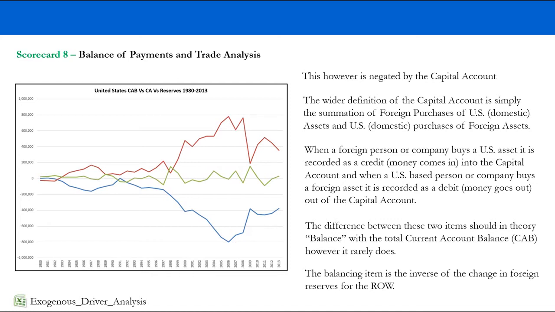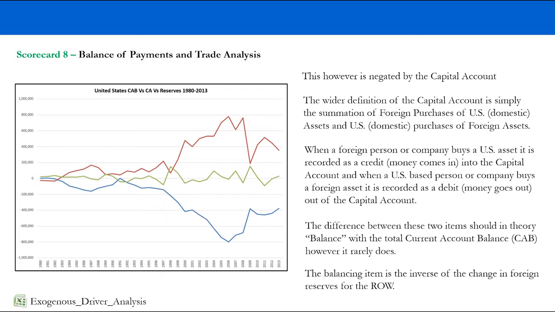So basically when a foreign person or company buys a US asset in the United States, they pay for it in dollars. It is recorded as a credit. Money is coming into the United States and into the capital account. And when a US-based person or company buys a foreign asset, they pay for it with foreign currency reserves, so in the foreign currency, and it's recorded as a debit in the capital account.